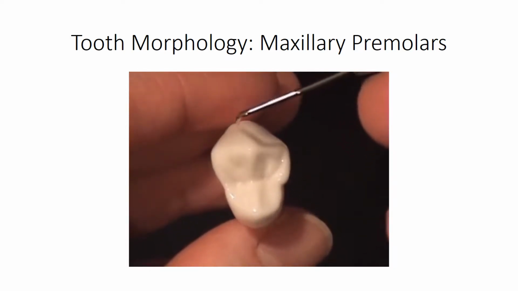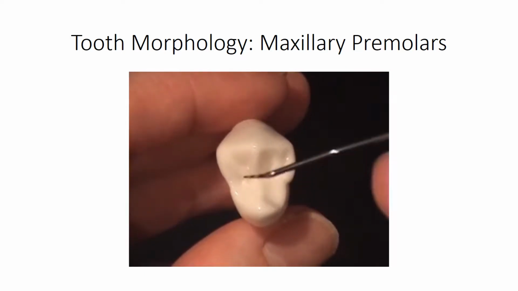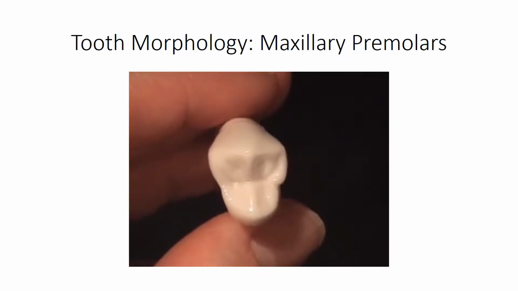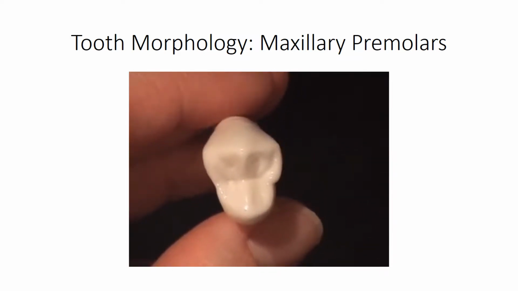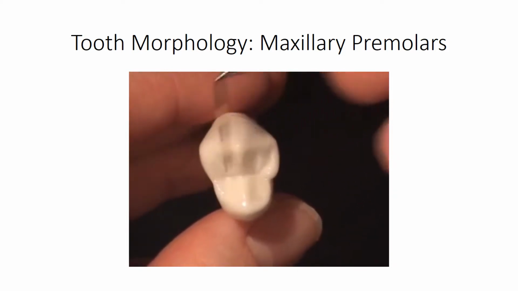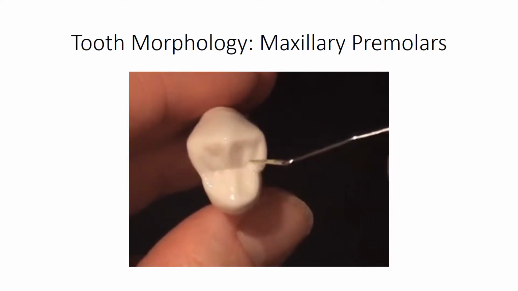There's a prominent buccal ridge, a central groove with few supplemental grooves, mesial and distal pits. Mesial and distal converge towards the lingual, and there are triangular fossa.